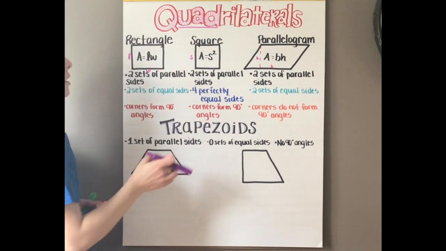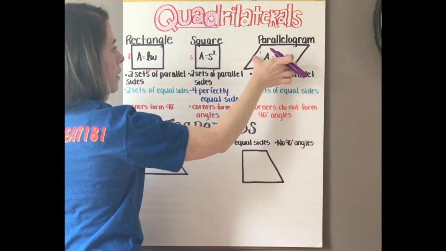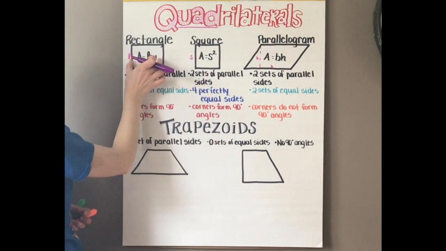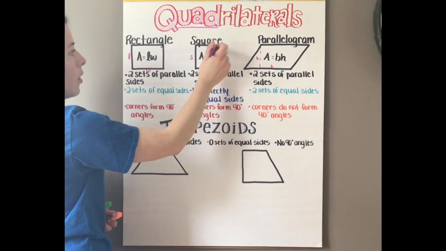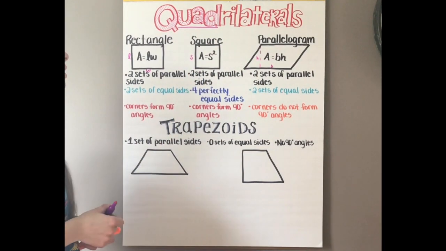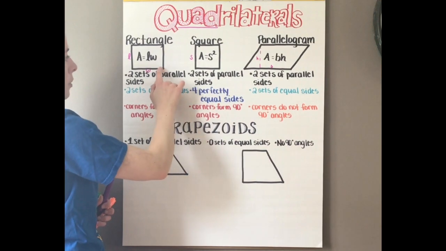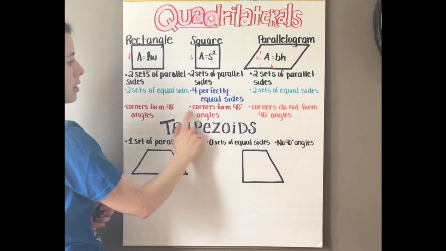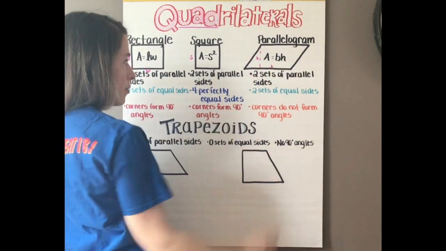A rectangle and a parallelogram each have two sets of equal sides: these two are equal, these two are equal. In a square, it has four perfectly equal sides. So that makes a square a little bit different than the other two. Here we have these perfect corners. In a square, we have these perfect corners. Here we don't have these perfect corners.